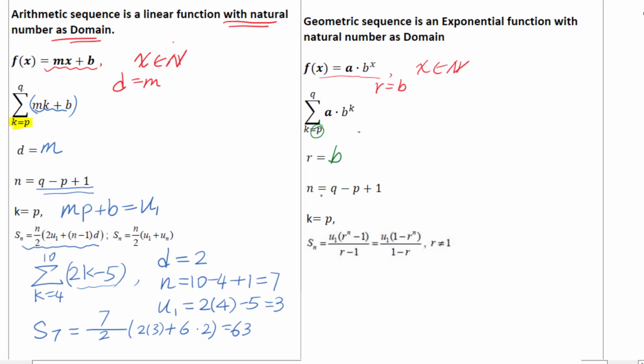Number of the terms will be q minus p plus 1. When k equals a starting ordinal number p, then a times b to the p's power will be the first term. You can use this formula to figure out this sum.